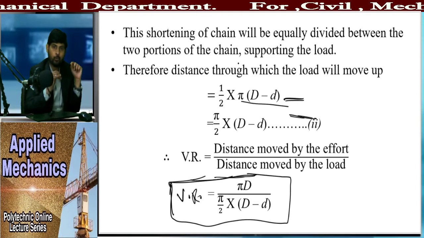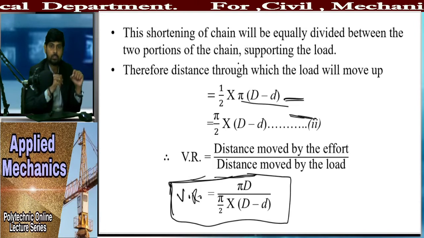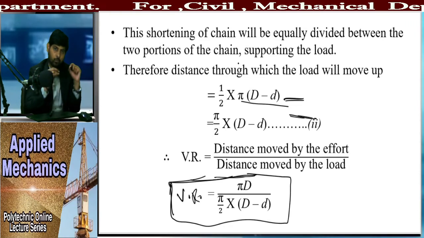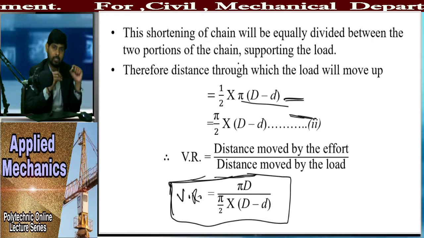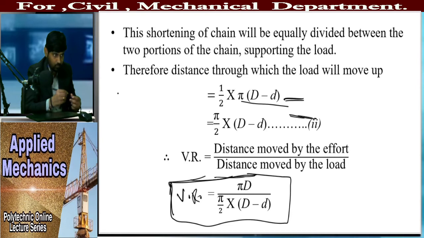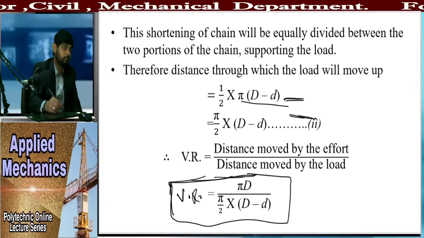So you have to choose the appropriate velocity ratio for that question. That's why you have to remember the velocity ratio for each machine. This is a very important thing.